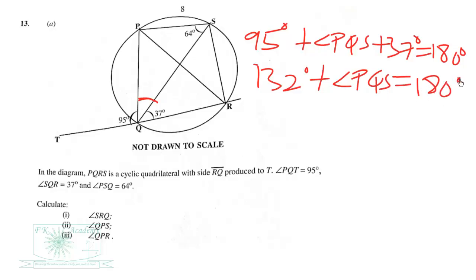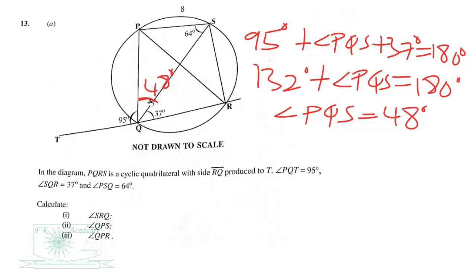So we can solve for angle PQS to be 180 minus 132, and that is equal to 48 degrees. So this angle is 48 degrees.